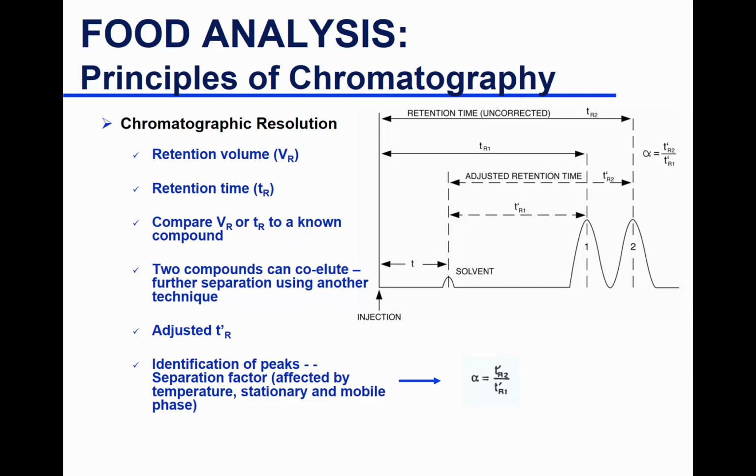But the most common term that we use is retention time. Usually the volume varies a little bit based on your flow rate. But the retention time is easier to work with: it is the time it took for the solute to leave the column, from the injection time to the detection time.